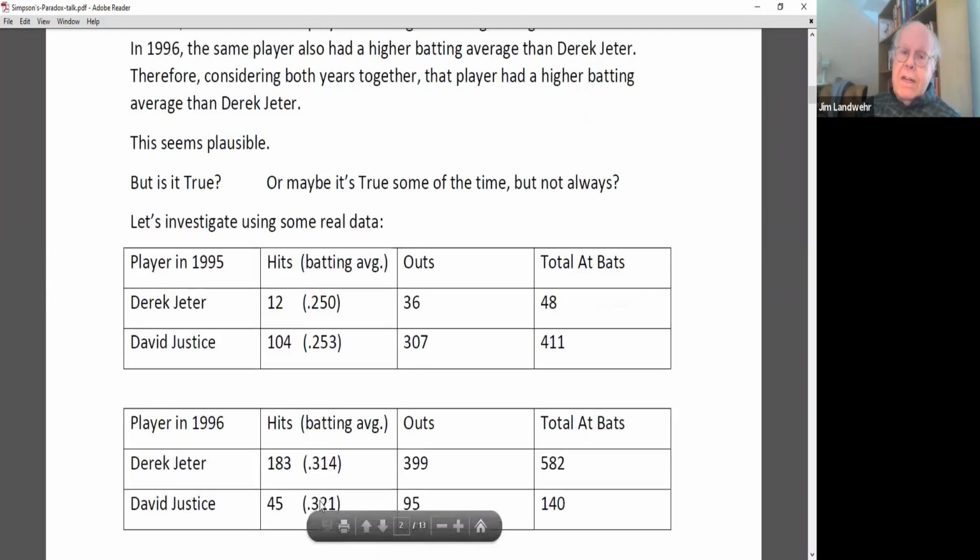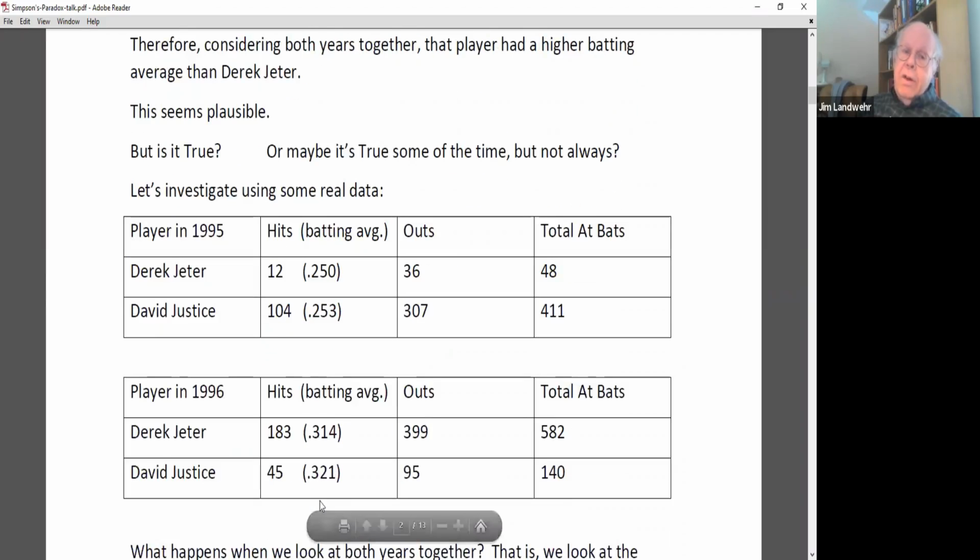Okay, now let's look in 1996. Well, Derek Jeter had 183 hits over 582 at bats, so he had .314. David Justice had 45 hits over 140 at bats, so he had .321. So in 1996, David Justice hit .321, Derek Jeter hit .314, Justice had the higher average.